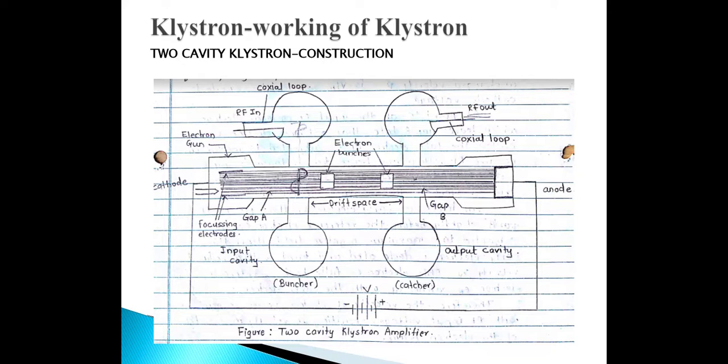At a point C of the input RF cycle, an electron which leaves gap A later than the reference electron ER, called the late electron EL, is subjected to maximum positive RF voltage and hence travels towards gap B with an increased velocity, and this electron tries to overtake the reference electron ER.